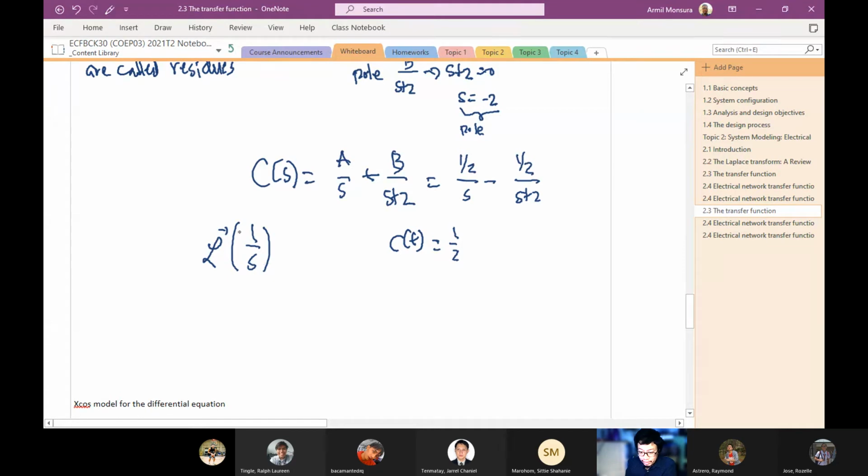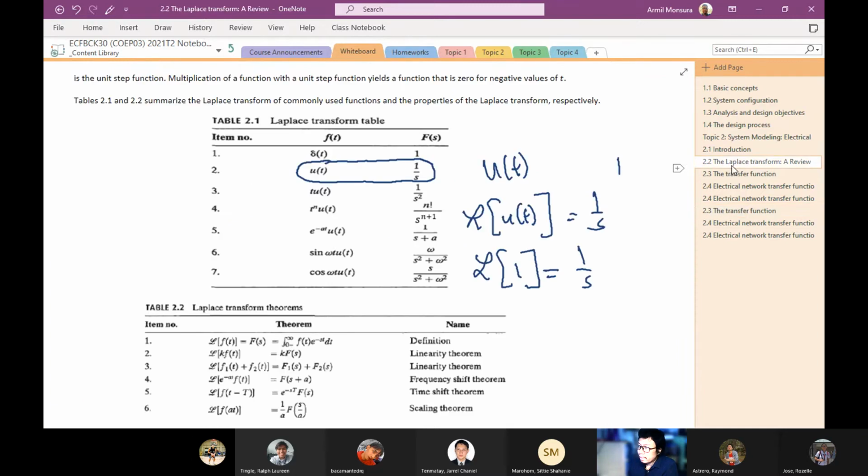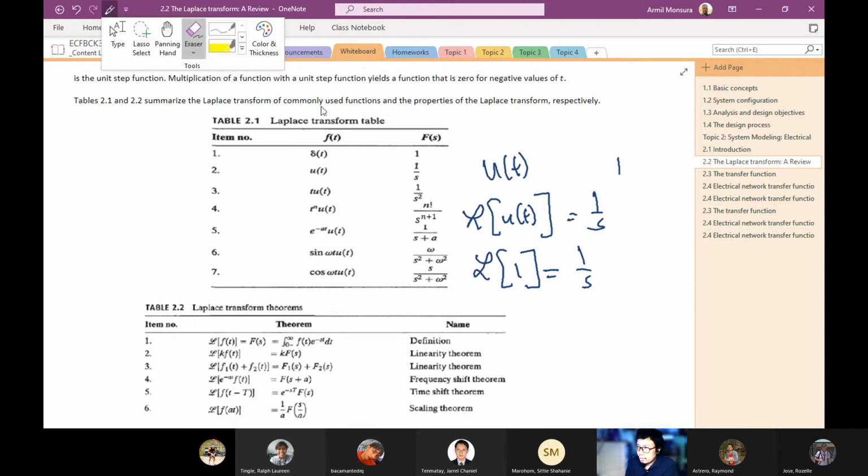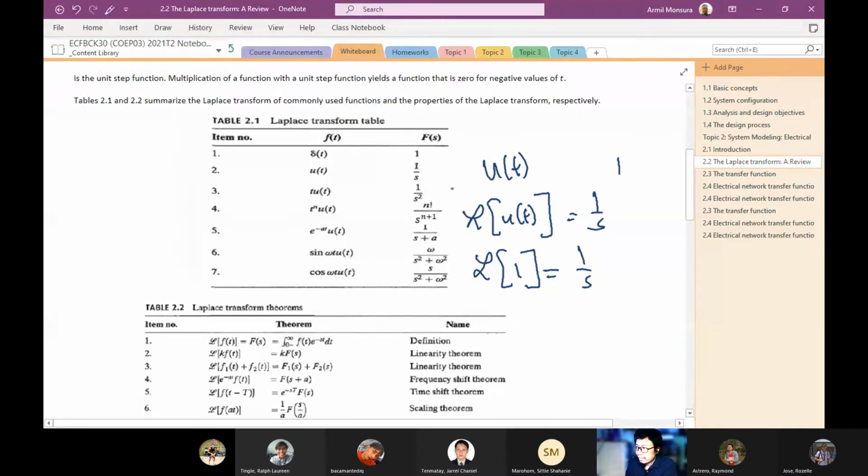And pag maghahanap kayo niyan, again, refer back to the table. Hanapin natin yung function na merong Laplace transform na 1 over S. So, nandito siya. Ayan. So, as you can see, ito yung 1 over S. So, ibig sabihin, ito yung Laplace transform na 1 over S. Ang tanong is, ano yung f of t?